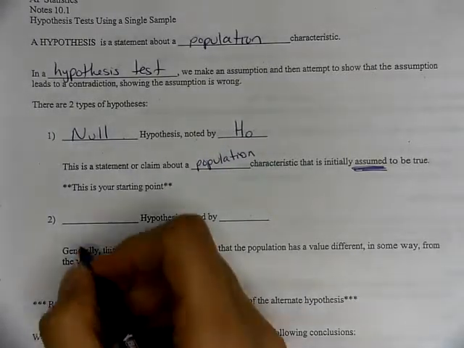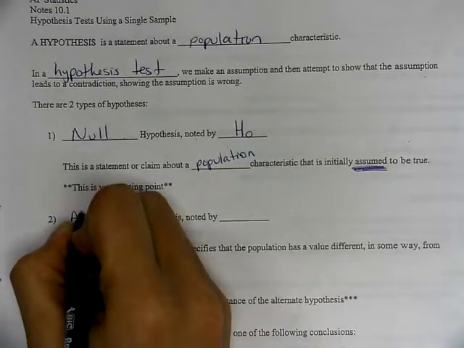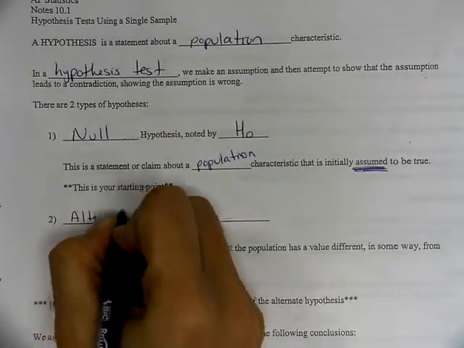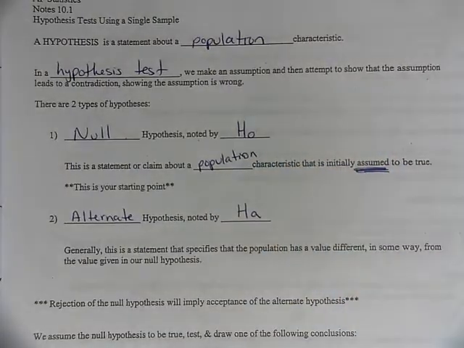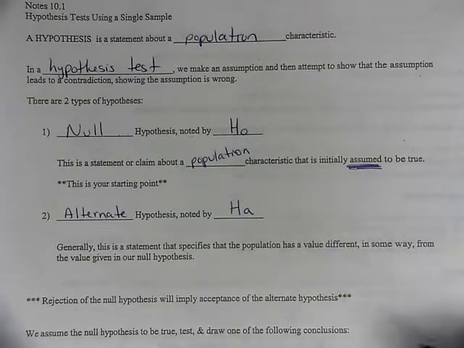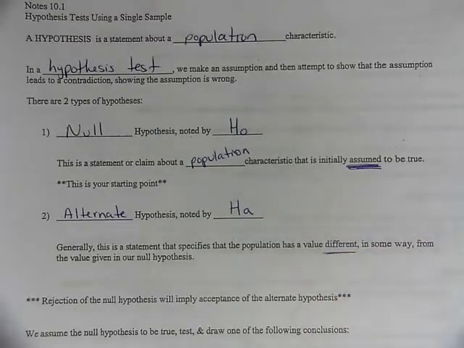Then you have the alternate hypothesis. That's noted H sub A, or the H-A. So you've got an H-oh and an H-A. This is a statement that specifies that the population value is different in some way from the given null hypothesis.